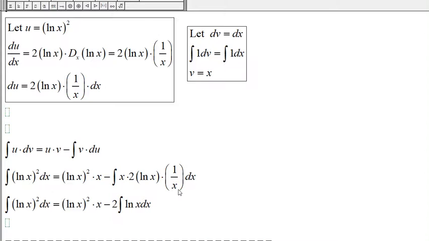X divided by x is 1, and so what's left is 2 times the integral of ln x.